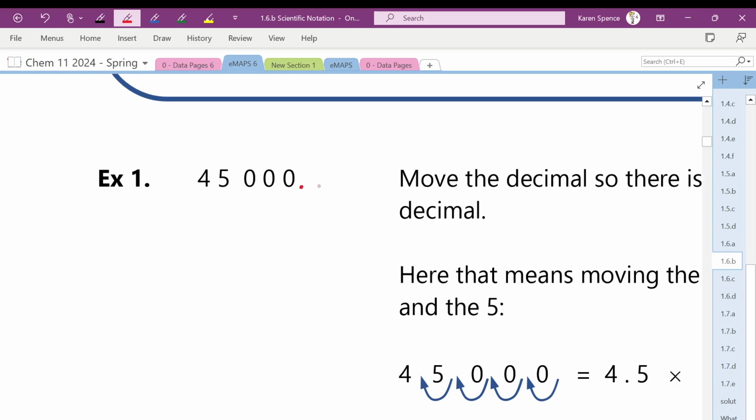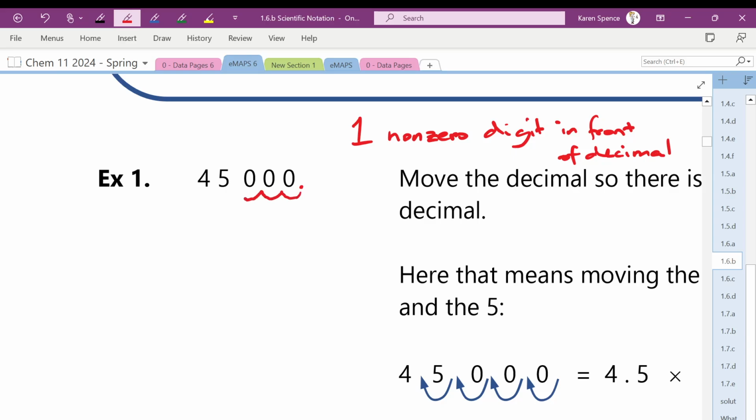This is where my decimal would go because I need to move my decimal so I have one non-zero digit in front of the decimal. That is always our goal. Okay? So I'm going to move my decimal place 1, 2, 3, 4 places over.